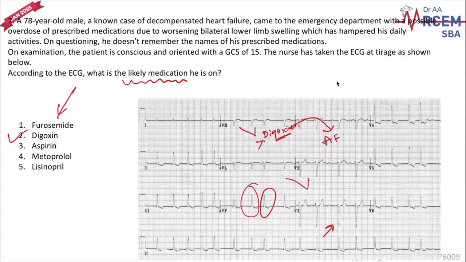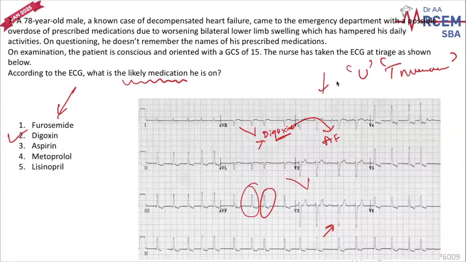Most of the time for heart failure, the first choice of drug is furosemide. So this question can be tested. The same question they can give. And in the ECG pattern, they might come up with a U wave or an inverted T wave. So what is the most likely drug he's taking?